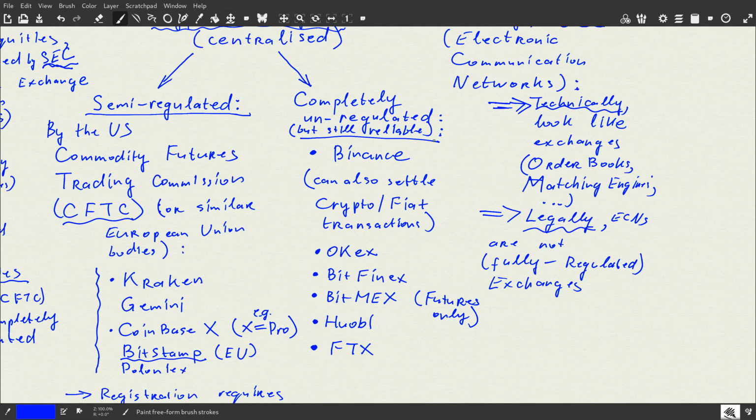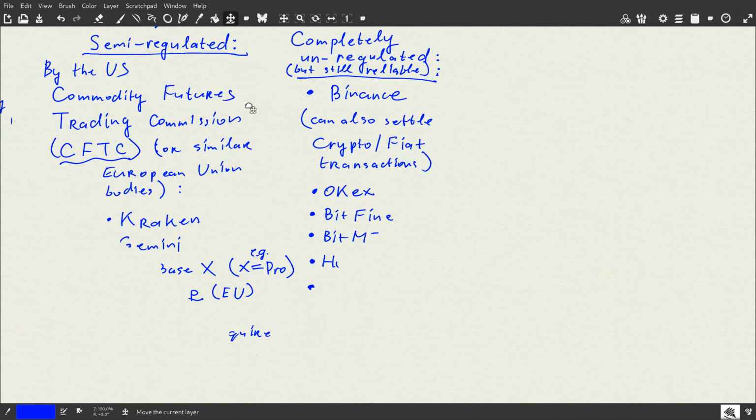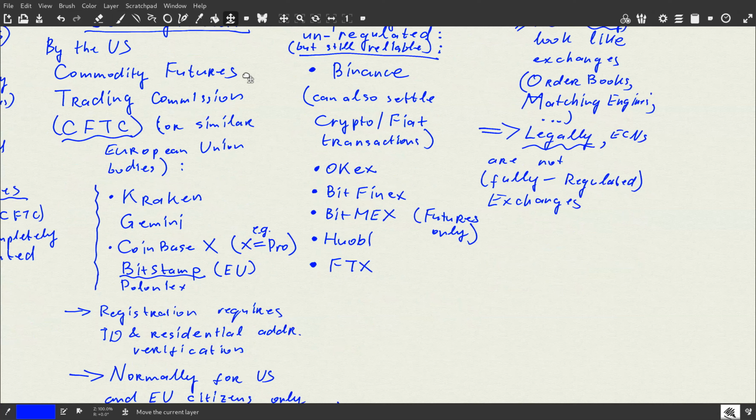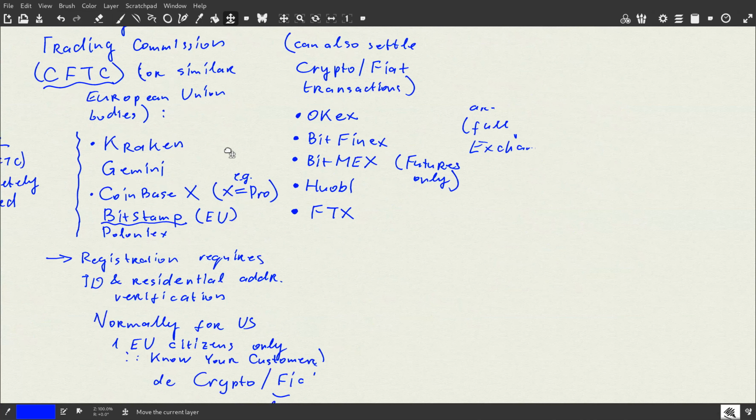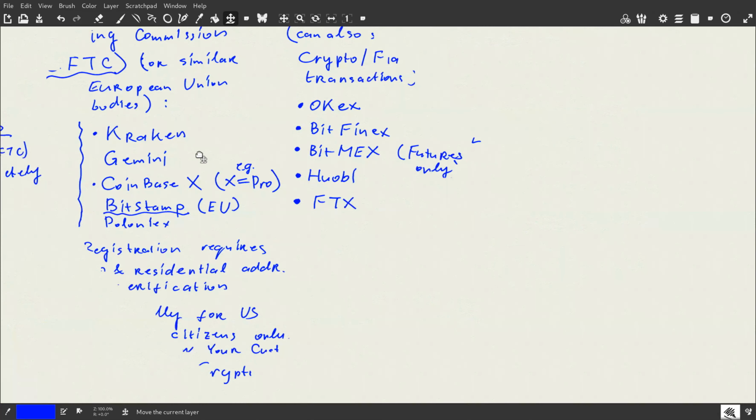Again, even those which are semi-regulated are in fact not exchanges, but ECNs, electronic communication networks. Although, obviously, those which are completely unregulated are also ECNs. Because when we call it an exchange, it is something with a very, very heavily regulated legal status.